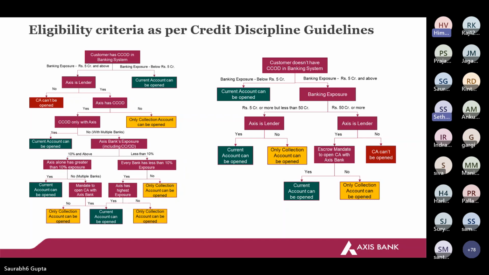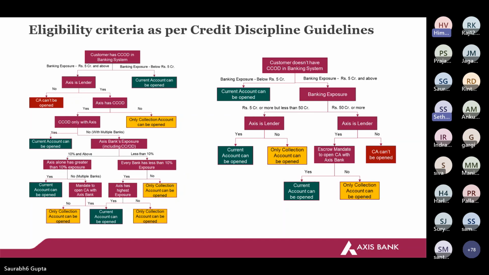Annexure 1 is where the customer declares his or her lending exposure to the banking community. In case the customer does not have any lending relationship with the banking community, then Annexure 1 can be filled up and submitted along with the AOF. But in case the customer has any lending relationship with the banking community, then Annexure 2 comes into the picture.